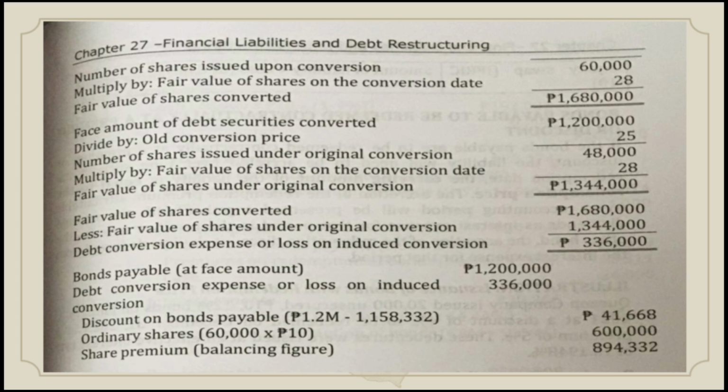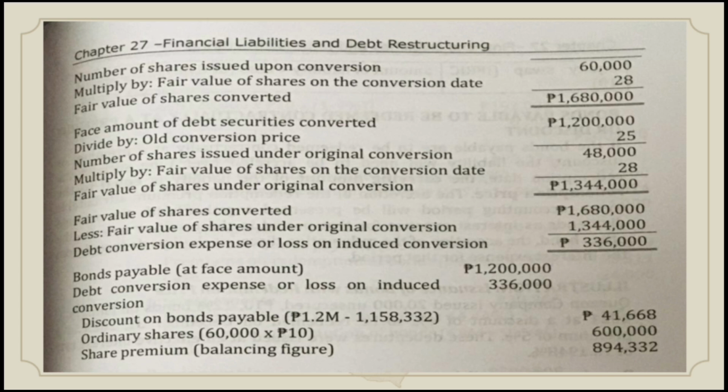So, 1,200,000 pesos divided by 25 is equal to 48,000. Mao ni ang number of shares issued under original conversion. And then, ang kining 48,000 ato na siyang i-multiply sa fair value of shares on the conversion date, which is 28. So, 48,000 times 28 is equal to 1,344,000 pesos. And mao ni ang fair value of shares under original conversion.